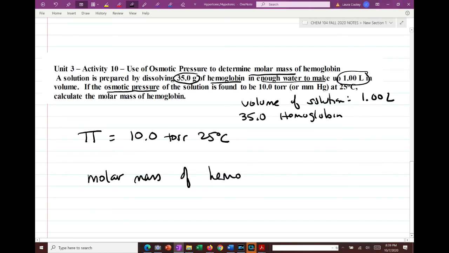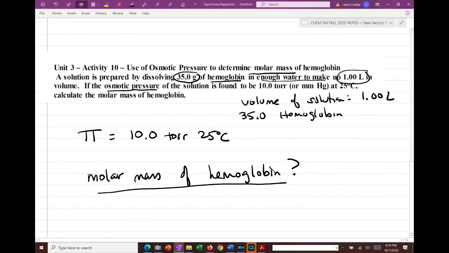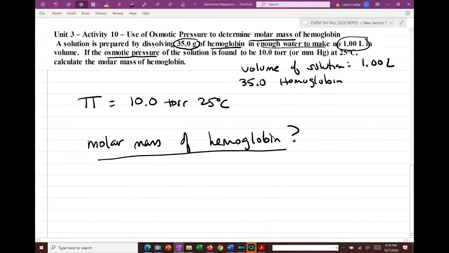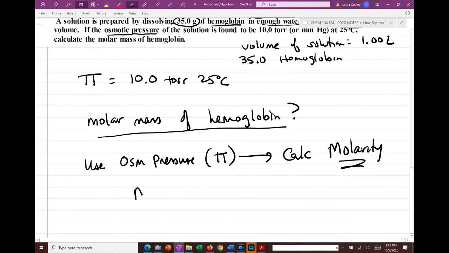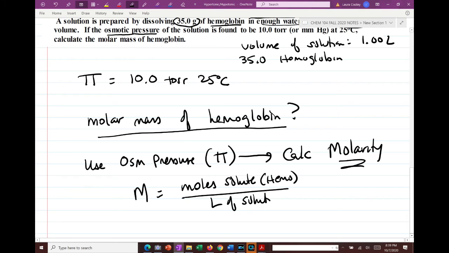of the hemoglobin. It seems like, how on earth can you calculate the molar mass? But it's not so difficult at all. The thing is, we can use the osmotic pressure, that pi, to calculate the molarity. Okay, and we know that molarity is moles of solute, moles of hemoglobin, per liter of solution.